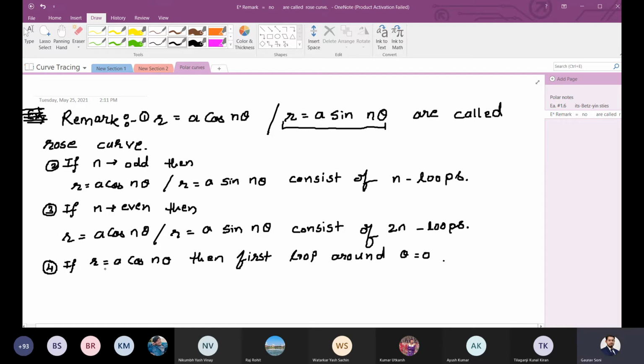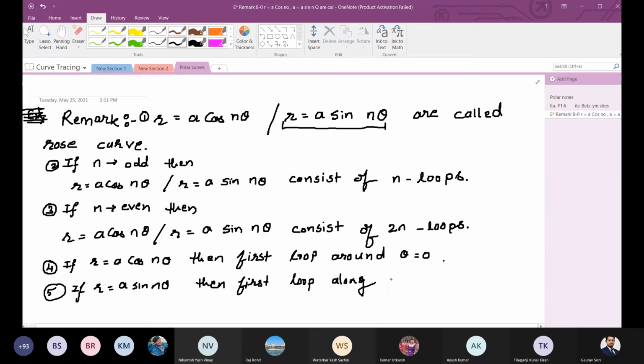And if R is equal to A sin n theta, then the first loop is along theta equal to pi by 2n.